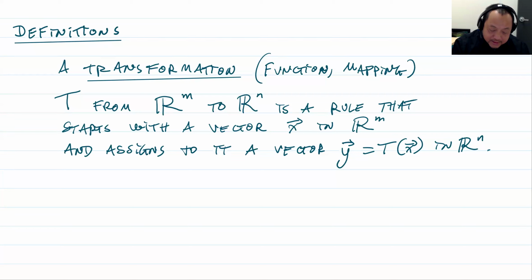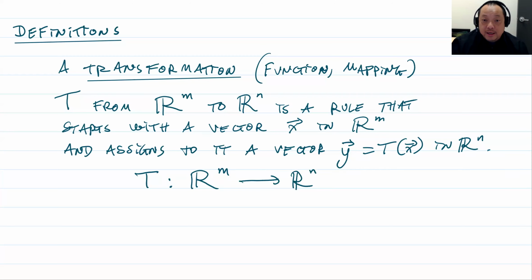And the way we write it is like this. We say that T starts from the set Rm, and it goes into the set Rn. So we draw it with a regular arrow like that. And then we talk about the specific item x, specific vector x in Rm. It goes into a vector y in Rn.